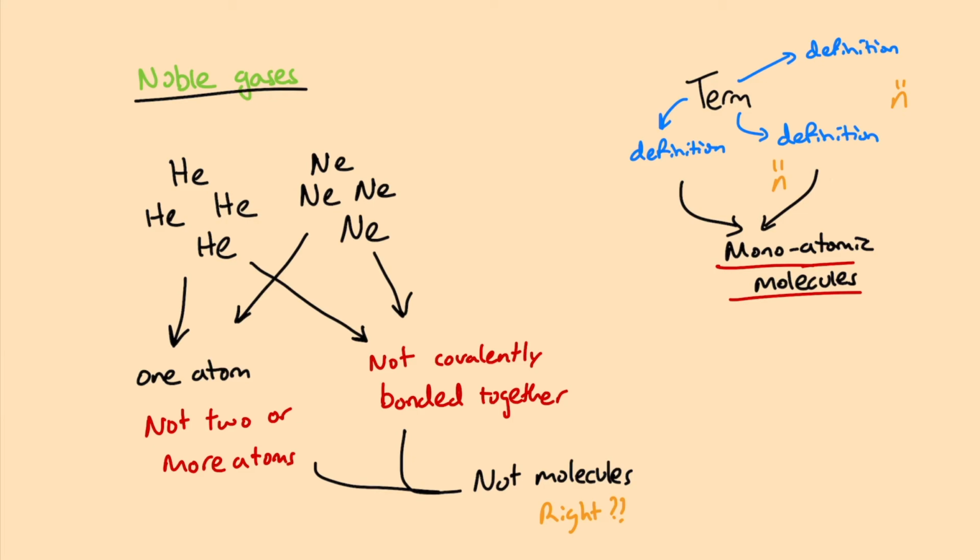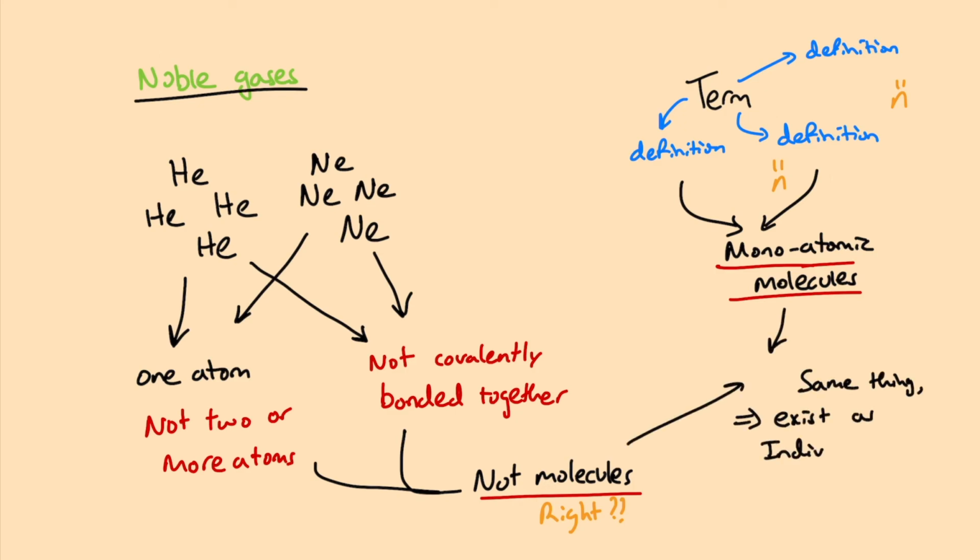You can get down to the single helium atom, and therefore that certain definition would consider it as a molecule. However, whatever you call it, monatomic molecules or not a molecule, it's the same thing. They still exist as individual atoms in reality. Whatever you call it, they still exist as individual atoms.